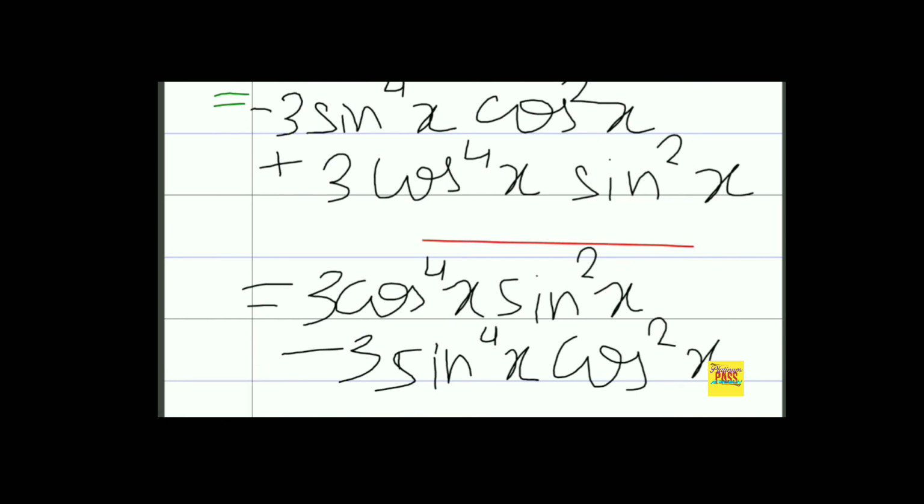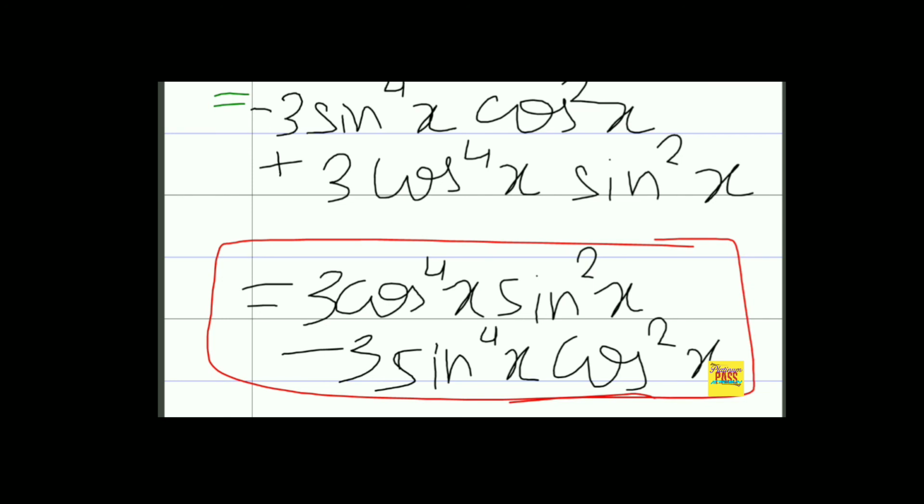This is the final answer. The answer is 3 cos raised to 4x sin square x minus 3 sin raised to 4x cos square x.